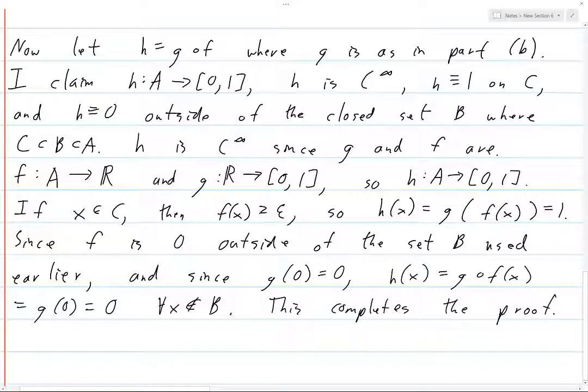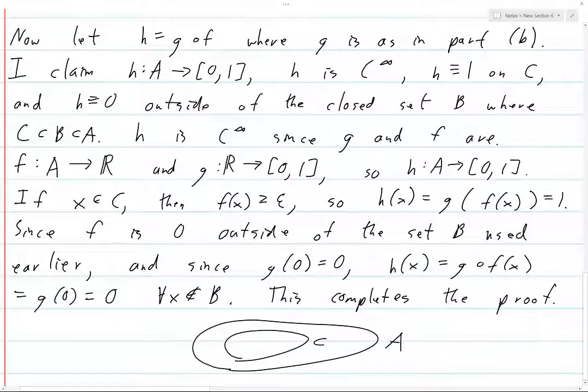We're done. We've provided a function, and this is actually really neat. If you think about what we're actually doing here, you take an open set A and you take a compact set C inside of A. And what I'm saying is that you can take a function which is C infinity, so it's super nice, continuous and smooth.